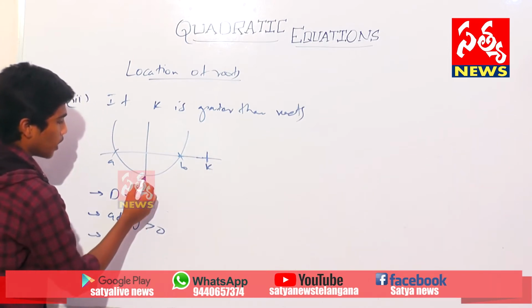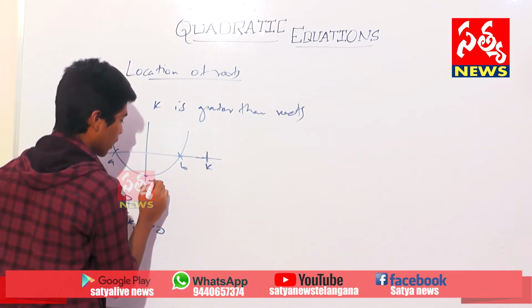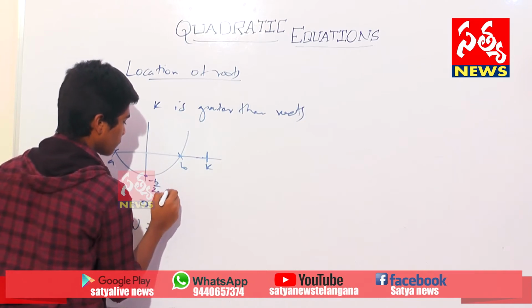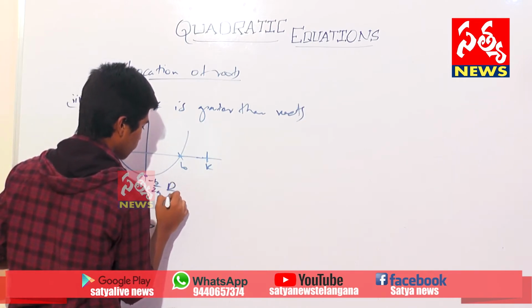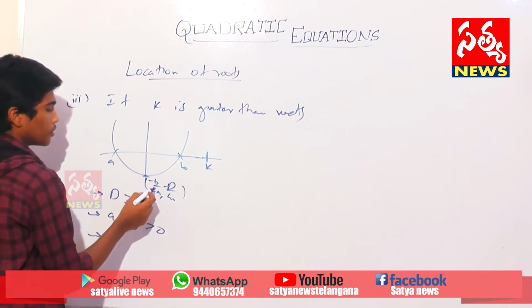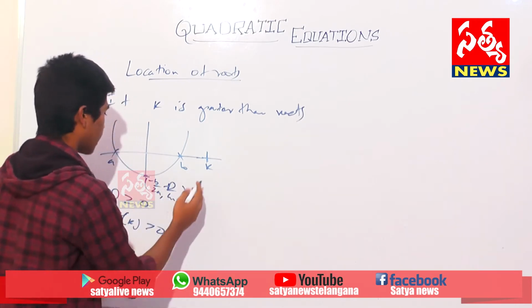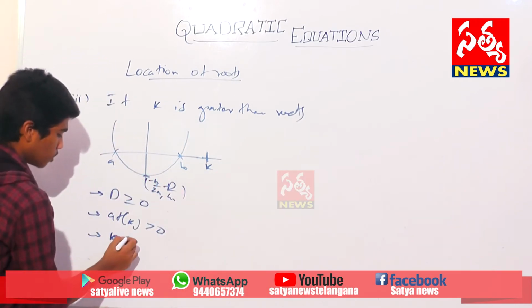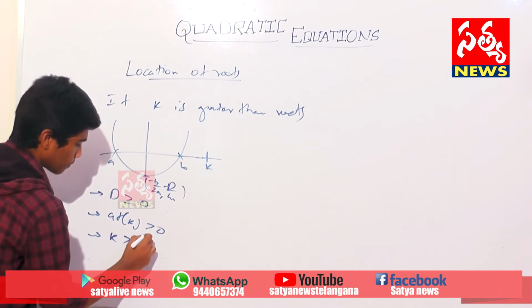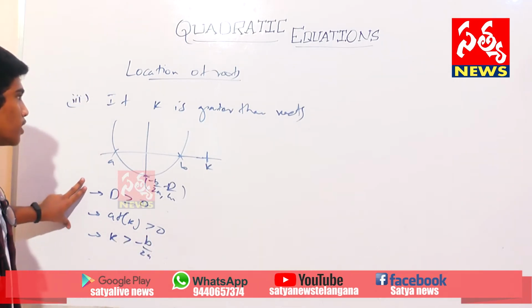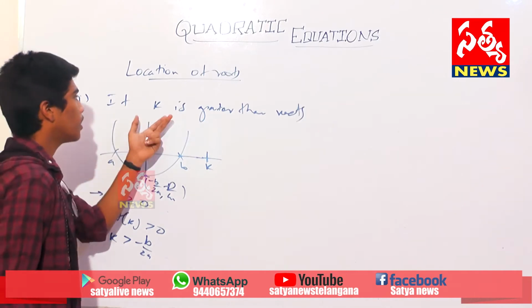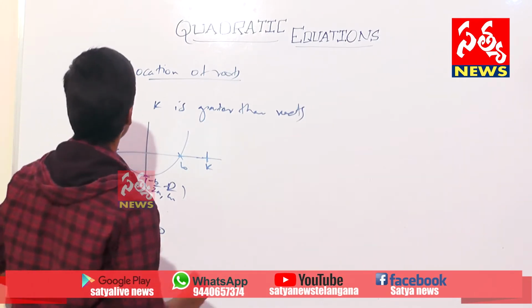The last is, as the minimum or maximum value is minus b by 2a, comma d by 4a, we have to check whether k is greater than minus b by 2a or not. So, k is greater than minus b by 2a. These are the 3 conditions we have to check if they ask for any constant k greater than the roots.